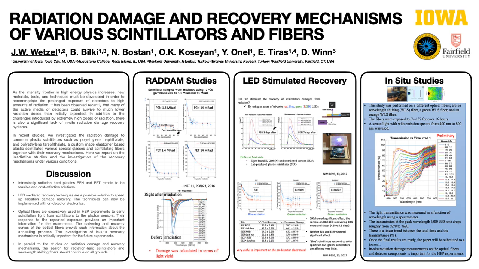And then what we found is that we could let these, in this case, these were optical fibers, scintillating fibers, recover naturally and then re-irradiate them. The damage after recovery happened more quickly than the initial damage from an original brand new scintillator.